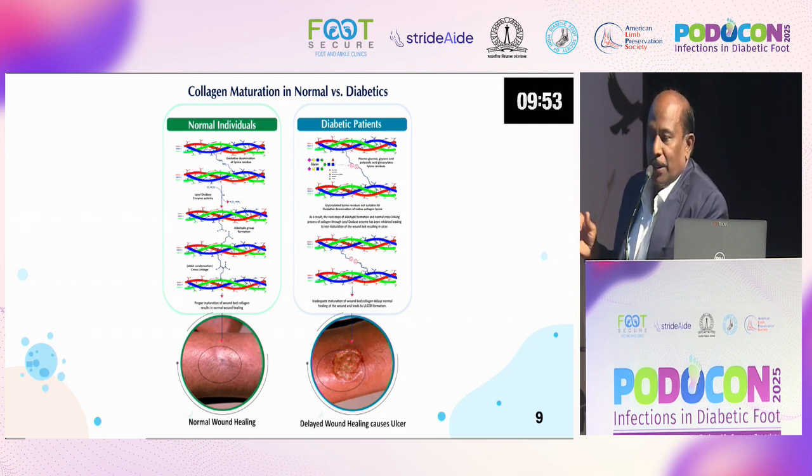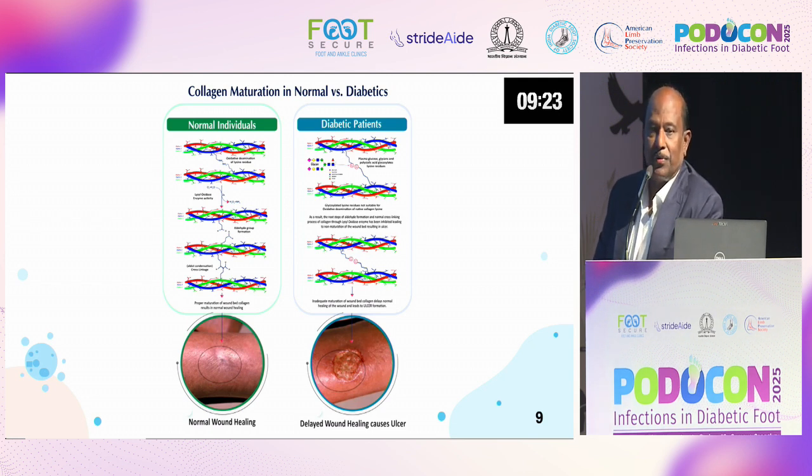What the native collagen is doing is acting as a reservoir or an adsorbent of the excess amounts of glucose. Thereby, it reduces the negative impact of the extra glucose preventing maturation.